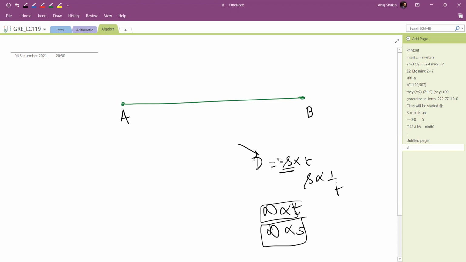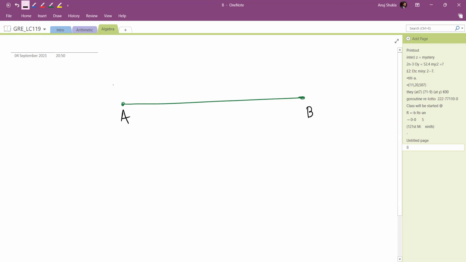But what I want to say is, suppose one person is starting from A with the speed s1, and they are meeting somewhere here, and this person is starting with s2, and has to meet somewhere here. Their time has to be the same.